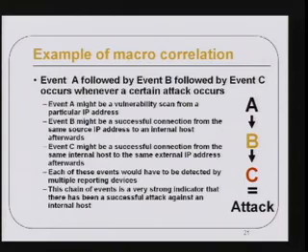Here we have event A followed by event B, followed by event C, and this characterizes a particular attack. Event A could be a vulnerability scan, a Nessus vulnerability scan. B might be a successful connection inbound from the source IP address to the destination IP address. And event C might be a successful connection back. That certainly tells you that something's wrong.